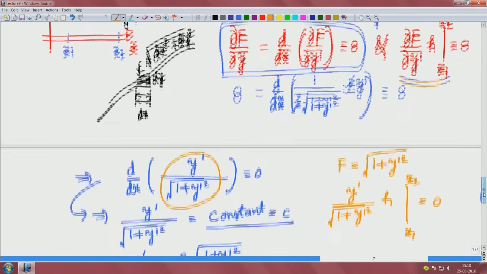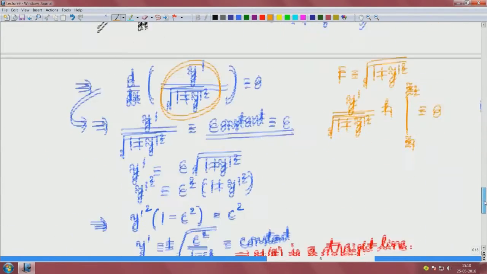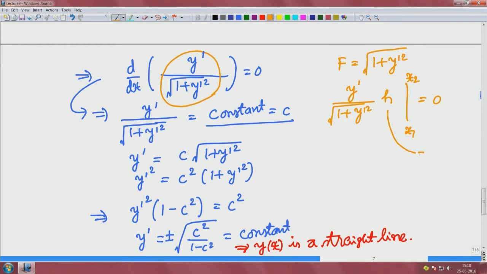Now, if we recall the problem that we stated, these points x1, y1, x2, y2 are given, meaning that y was specified at both these points. At those points we cannot take variation, because we are not allowed to perturb there, it has to be that value. That means that in this case, h is 0 at x1 and x2, because y is specified.